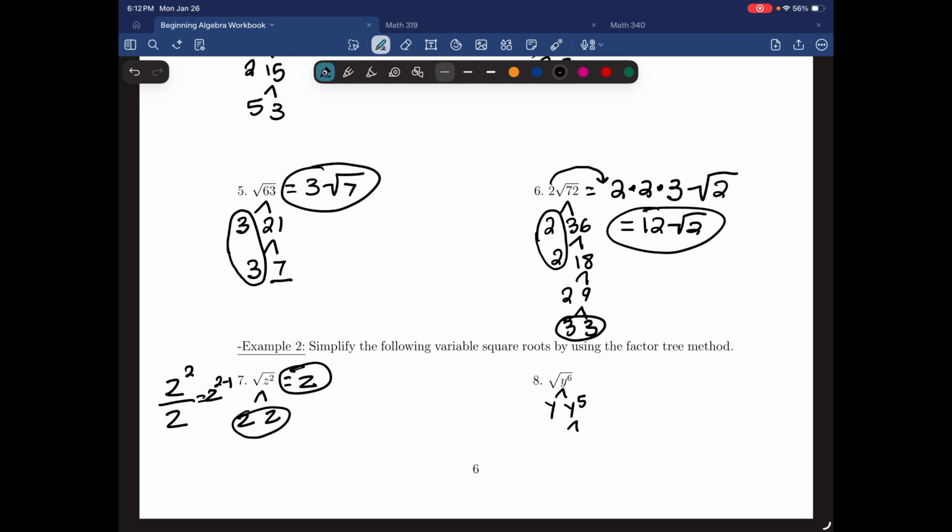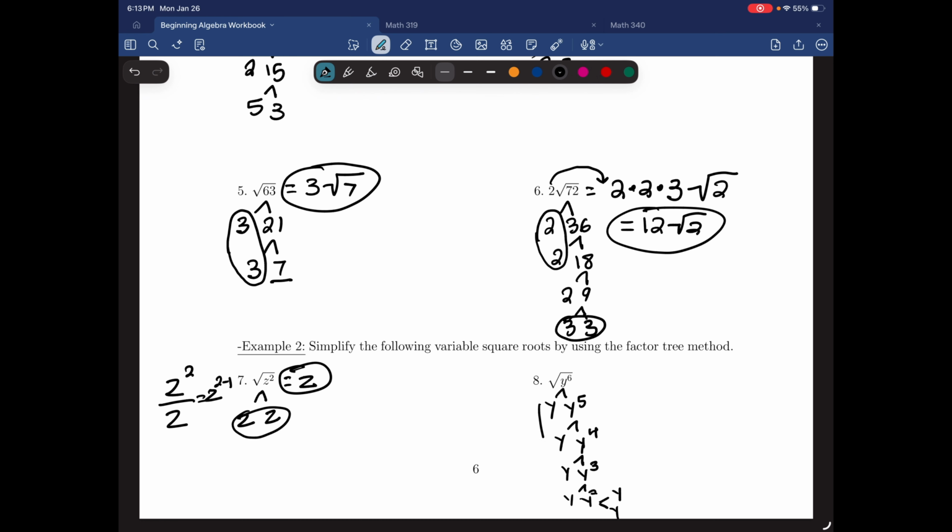And then I can divide again. y to the 5th power divided by y becomes y to the 4th. And then divide by y, we get y cubed. Divide by y, we get y squared. And then we're going to divide by y again. y squared divided by y becomes y. Because we can only divide y by itself and 1, we're done with this factor tree.